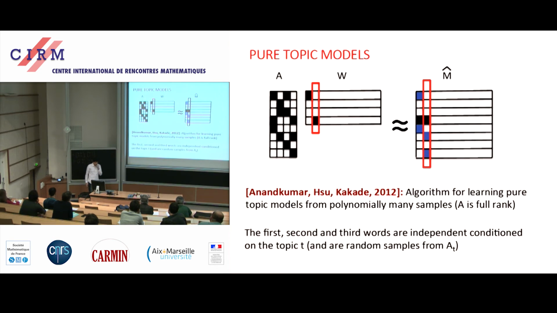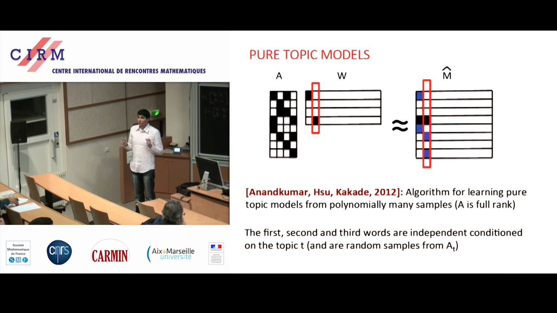So the idea behind it is that if you take a random document from your collection and look at the distribution over its first, second, and third words, those are themselves conditionally independent random variables, because they're conditionally independent given what the topic of the document is.